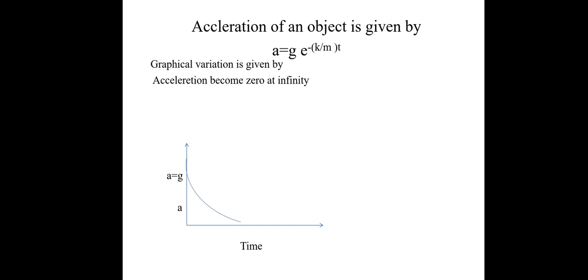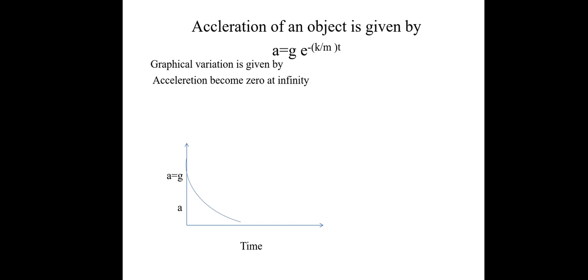At time t equal to 0, a equal to g. That is, the body is starting with the acceleration due to gravity. As time proceeds, the acceleration of the body goes on decreasing. At infinite time, it reaches 0.